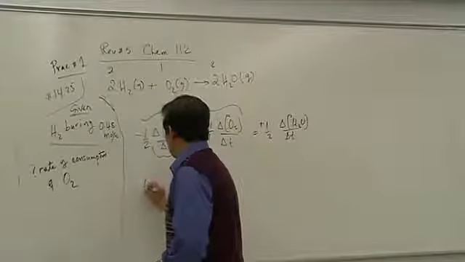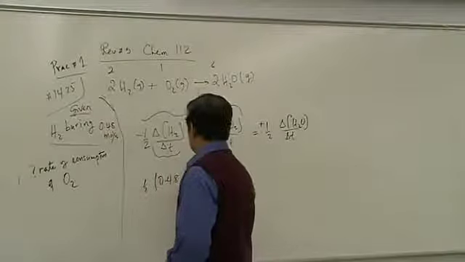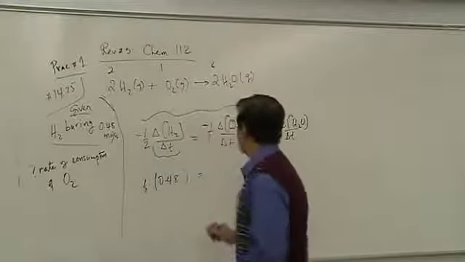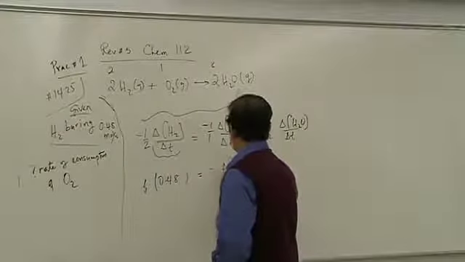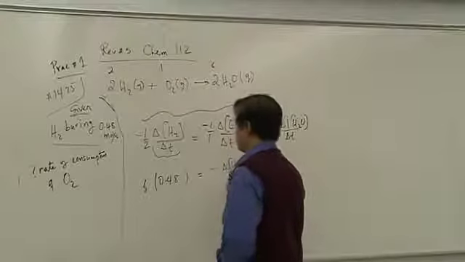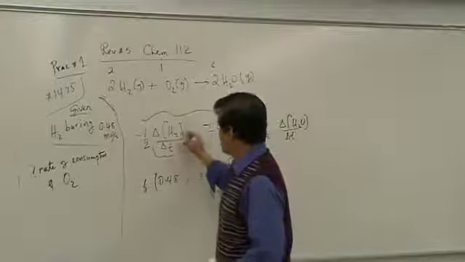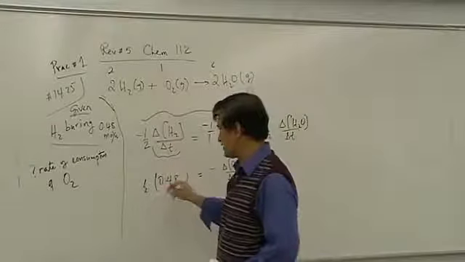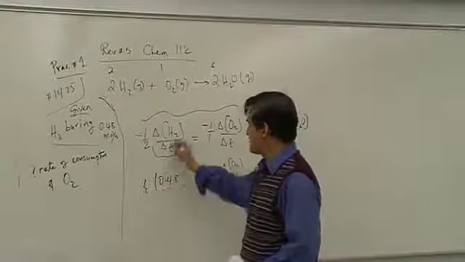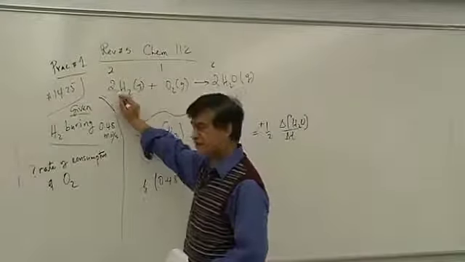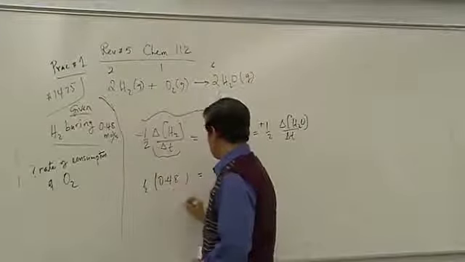So we have half times 0.48 mole per second, and that's equal to that of oxygen, minus delta O2 by delta T. Minus delta H2 by delta T is equal to 0.48 because that's the rate at which hydrogen is burning. And you take half of that because hydrogen is already disappearing 2 times faster than oxygen. So to set them equal, we have to divide by 2, and that's why we divided by 2.